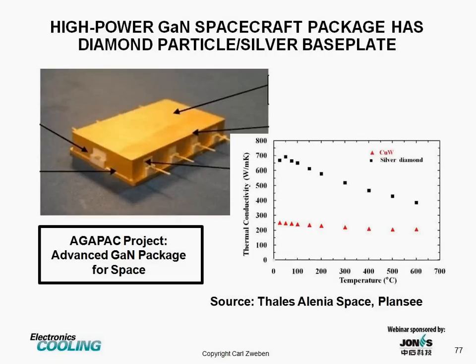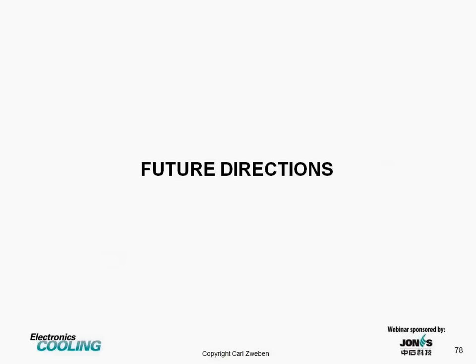As I mentioned, diamond particle reinforced silver is at this point an experimental material, and here we have an experimental gallium nitride spacecraft package with a diamond particle reinforced silver base plate. On the lower right, we have the thermal conductivity of copper tungsten compared to the thermal conductivity of the silver diamond composite, and we see additional material that's used because of its low coefficient of thermal expansion.